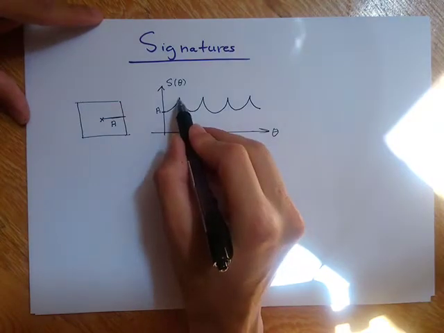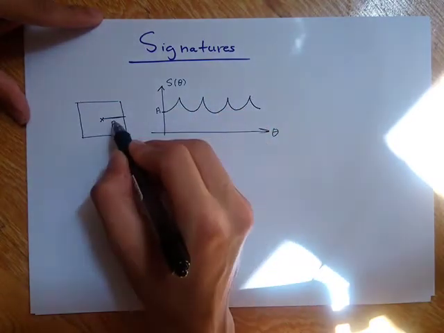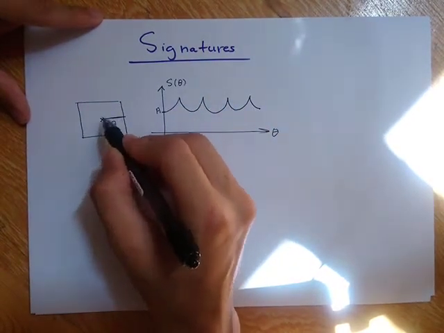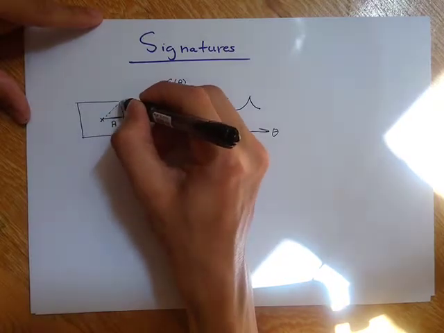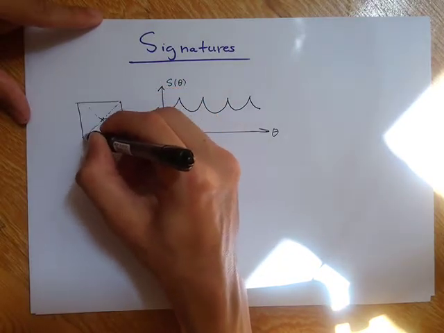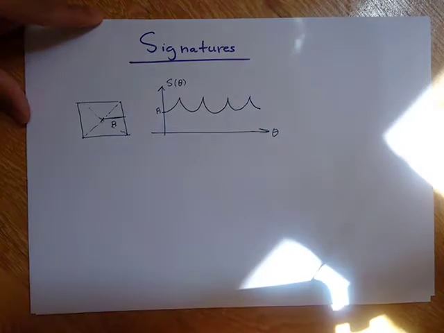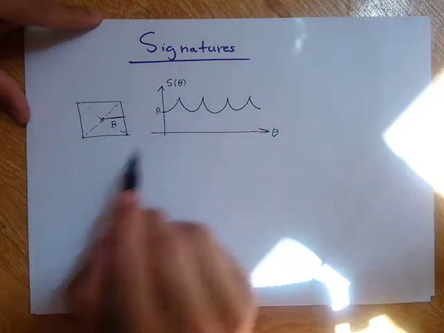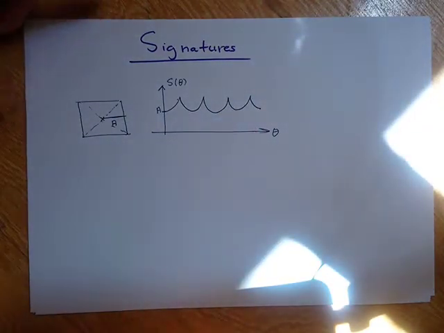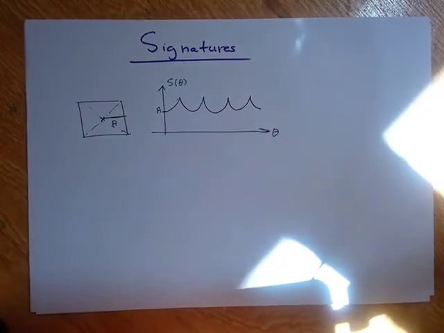And of course, these 4 peaks represent the position when this line reaches this position, this position, this position, and again this position. Therefore, I have 4 peaks, right? So this is a way to get the signature of a given shape.